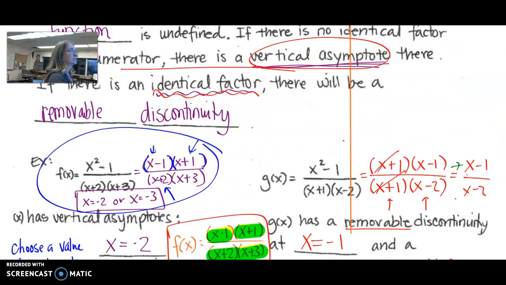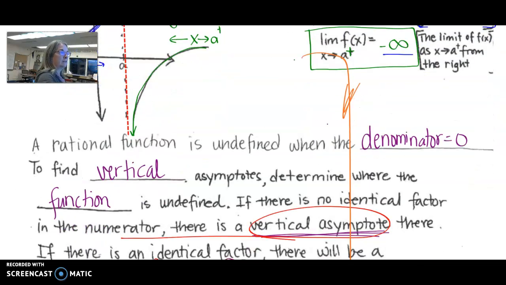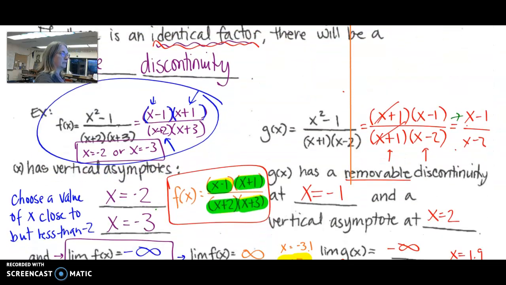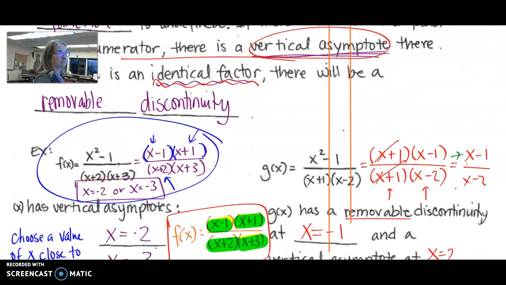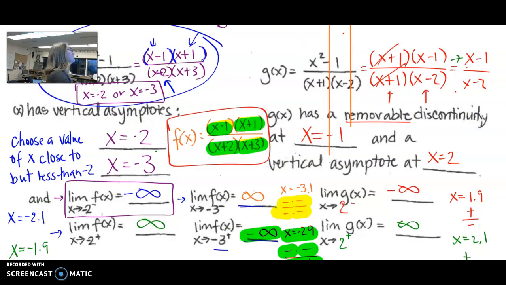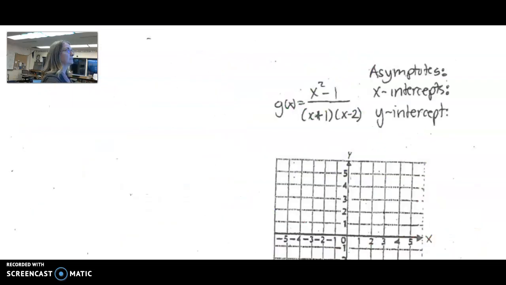I'll do this with you now. We figured out that we had a removable discontinuity at x equals -1, and then a vertical asymptote at x equals 2. As you approach 2 from the left, it was approaching -infinity, and from the right, it goes to +infinity. So let's go back to this graph.